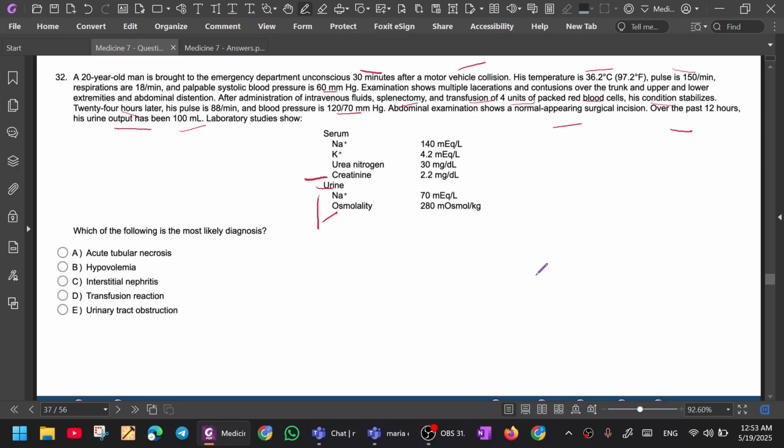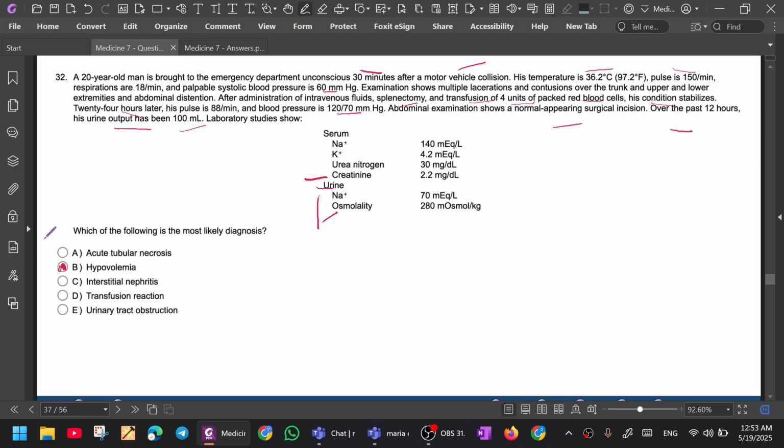The options are necrosis, hypovolemia, urinary tract obstruction. What's the normal urine sodium? I don't know either. I have no idea.